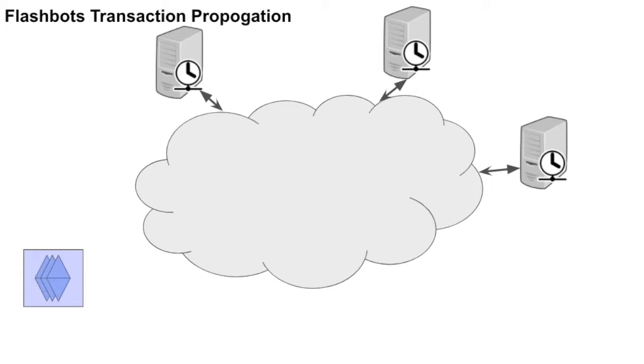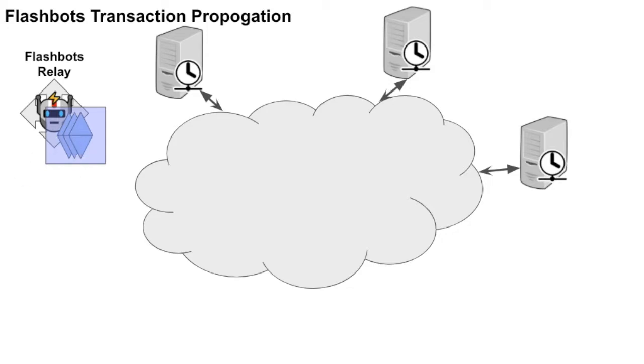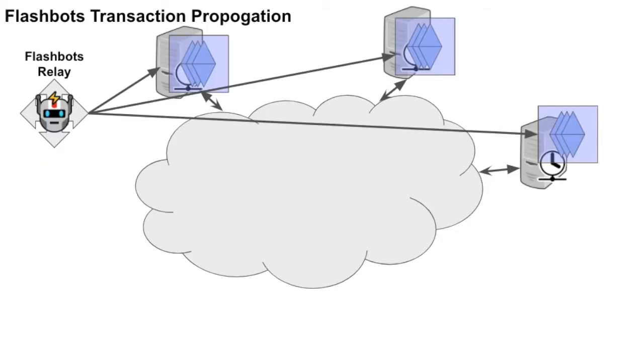And instead of sending these to the mempool, you send this bundle to a relay. This is a server running that knows all of the contributing miners that have integrated with Flashbots. So when you send this bundle to the Flashbots relay, the relay will push these to the private endpoints of supporting miners, which will then perform the same function.